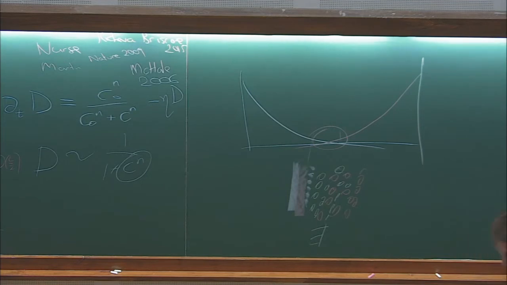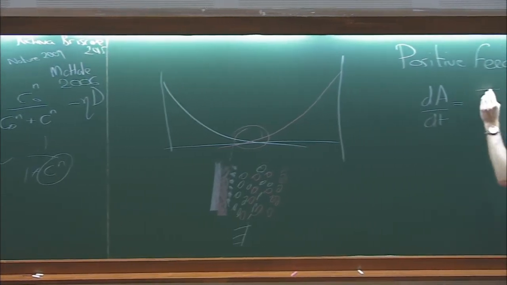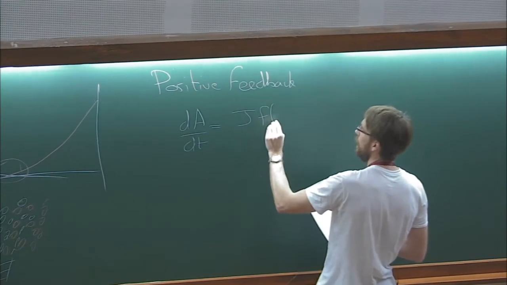Okay, so next I want to focus on positive feedback. So how do you read out the gradient? What I'm going to consider is a gene of interest, which I'm just going to call my gene A. It's produced at some rate.